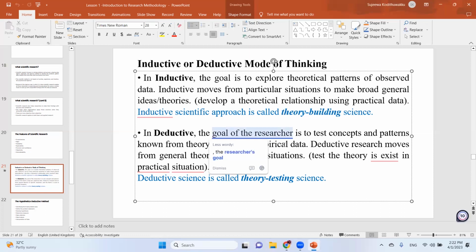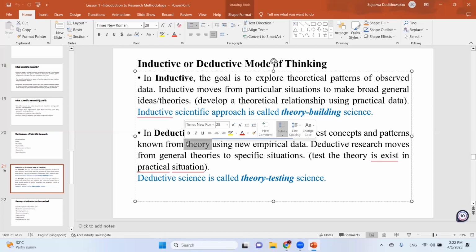The goal of the researcher is to test concepts and patterns known from theory using new empirical data. Now here you have the theoretical knowledge, as I mentioned earlier. You have knowledge about marketing theories, human resource theories, financial management theories, and various other theories.